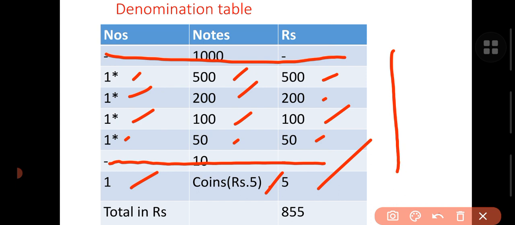Summing up all together, we get total in rupees 855.